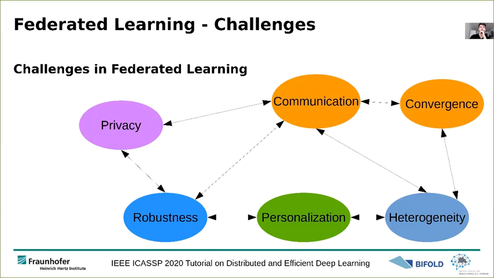So communication is a big topic in federated learning, privacy, robustness, personalization, heterogeneity of the data, convergence, a lot of important fields that have to be looked at if you want to get it right.